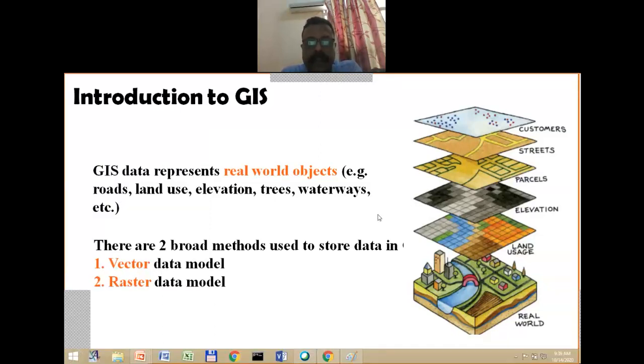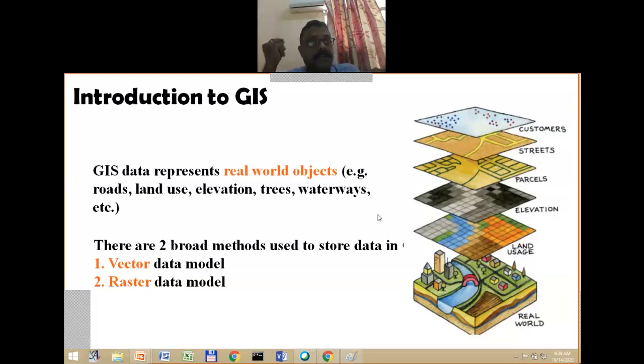As I said, GIS is a very powerful tool because with the help of GIS, you can analyze different scenarios. At the same time, this is a very new subject. Probably since the 1970s, it has been opening up for civilian purposes.